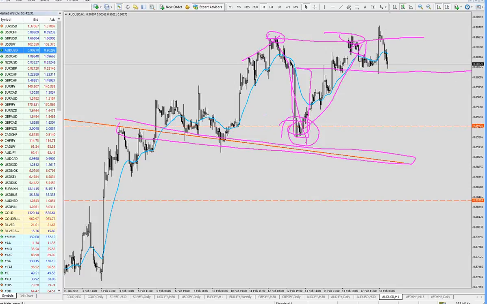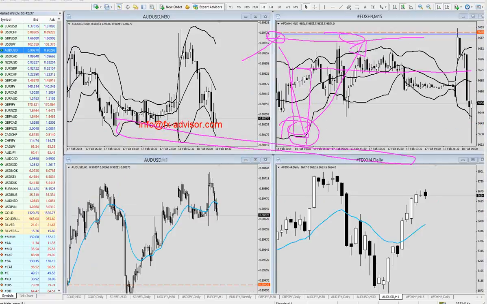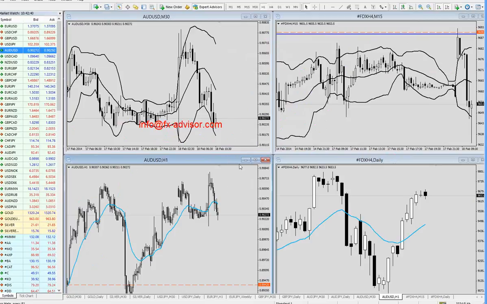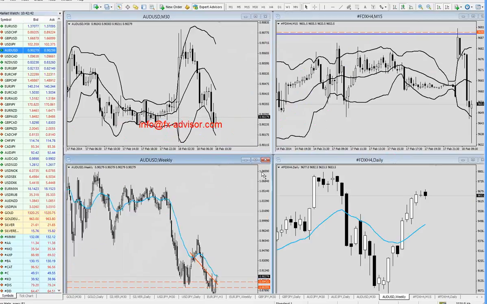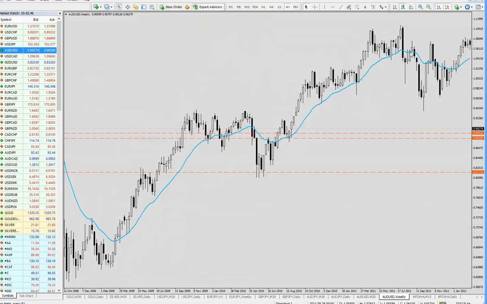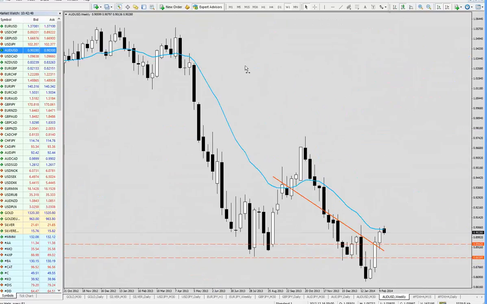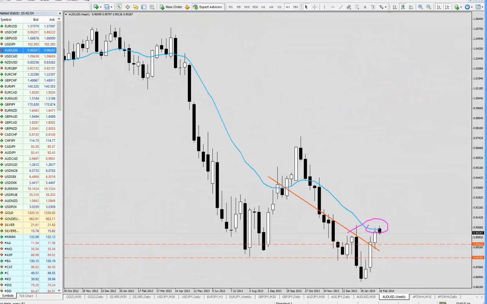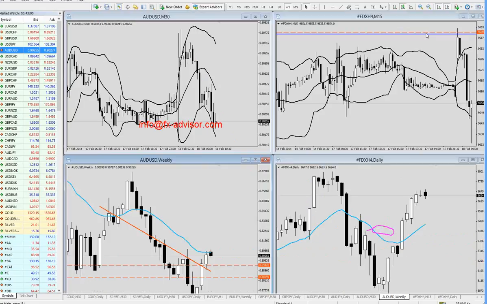Interesting point right now. Why? Do you remember? Let's clean our charts. Do you remember? Weekly chart, 20 moving average on weekly chart. Not for now, but as I mentioned last time, we are going to look for an opportunity to sell.